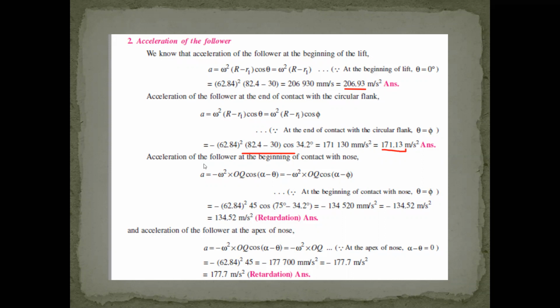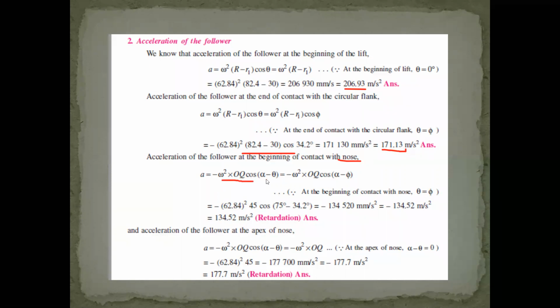Now we take the other case: the acceleration of the follower at the beginning of the contact with the nose. At the nose point, A equals omega square OQ cos of alpha minus theta.